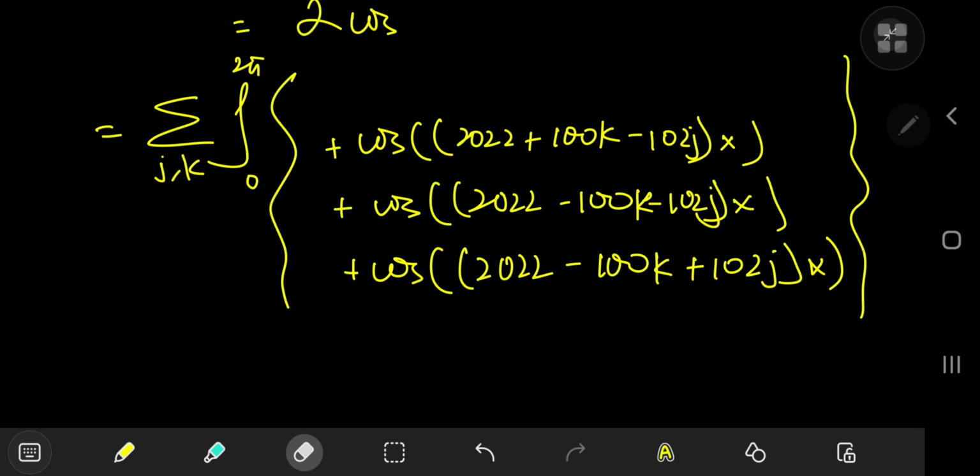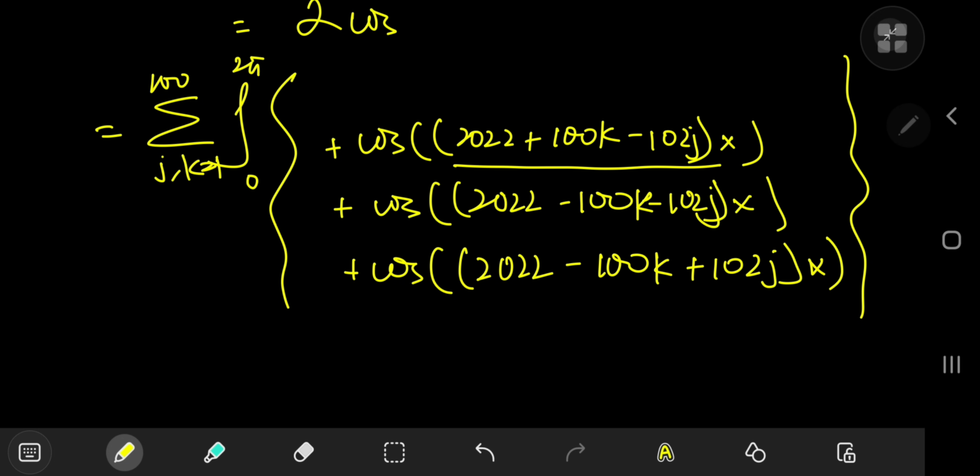And what about the other terms? The other terms are pretty interesting because they have some negative term in the mix as well. You got this negative 102j or negative 100k, or both of the k and j terms being negative as well. So there are combinations of integers for j and k from 1 to 100 where these arguments all just cancel out to 0.